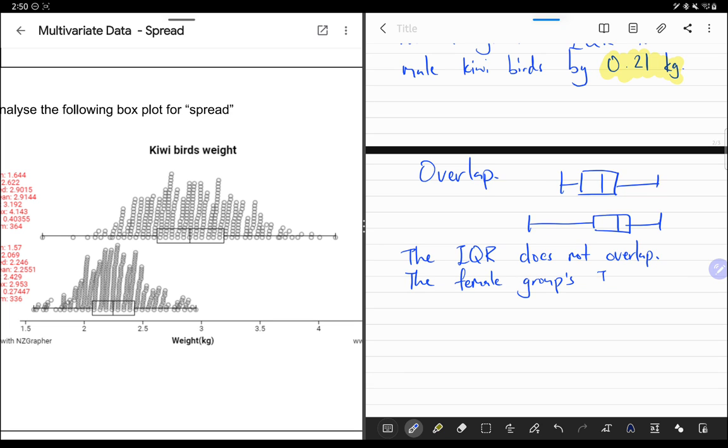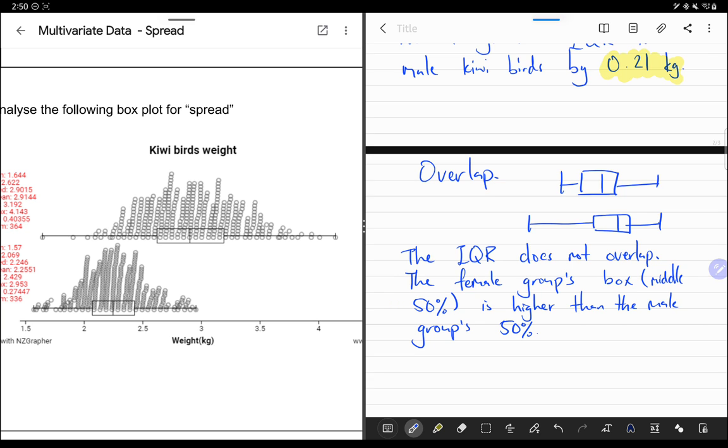The female group's box, or you can say middle 50%, is higher than the male group's 50%, right?